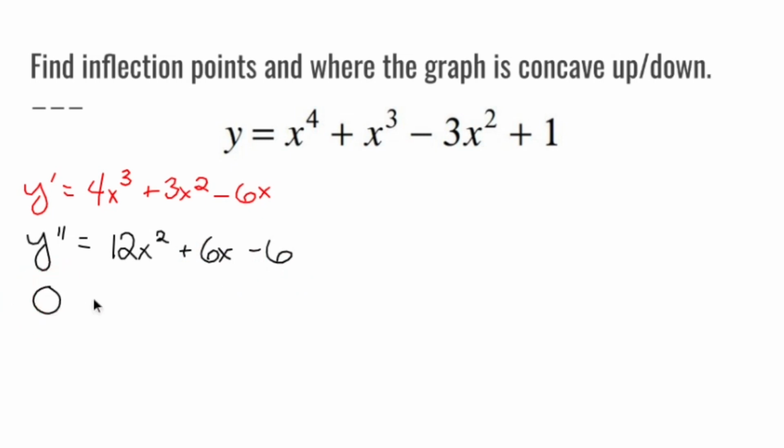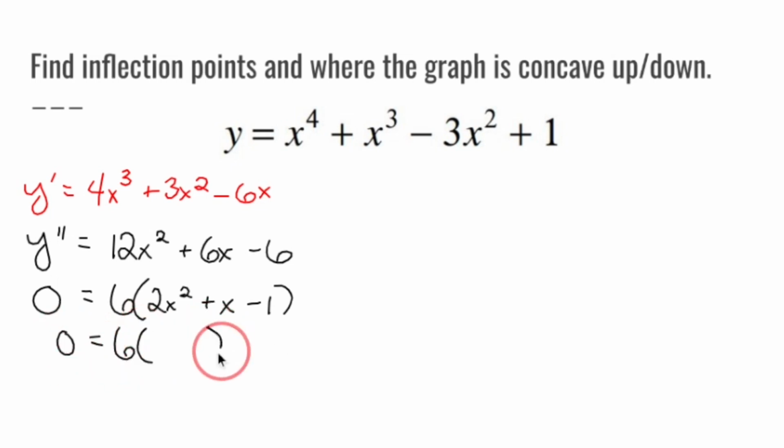Now set that equal to 0 and factor. I'm going to factor out a 6, which gives me 2x squared plus x minus 1. I should be able to factor that. One of them's got to be positive and one negative.